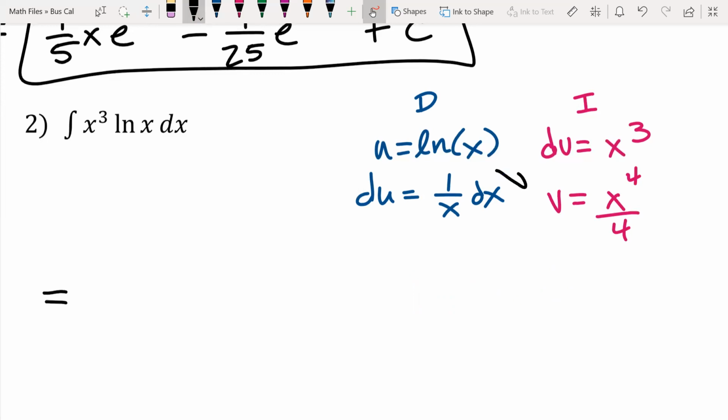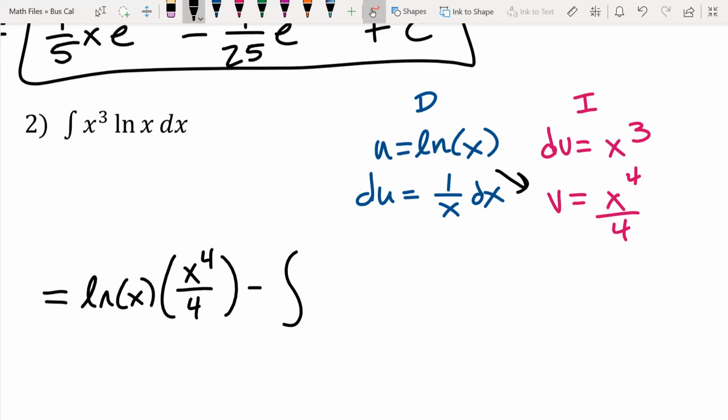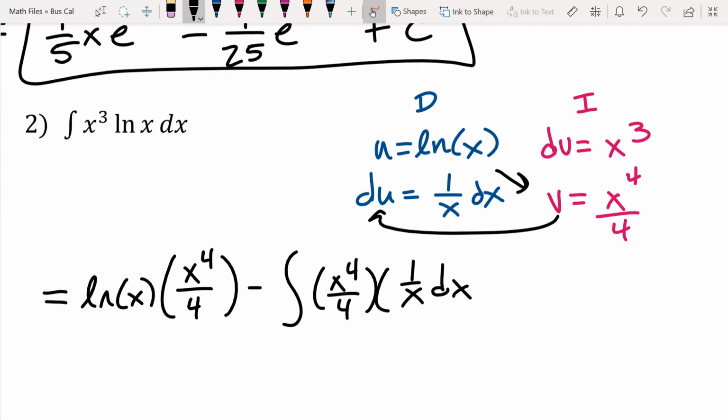You're going to get u times v, the natural log of x, times x to the 4th over 4, minus the integral of v du, x to the 4th over 4, times 1 over x dx. There we go.